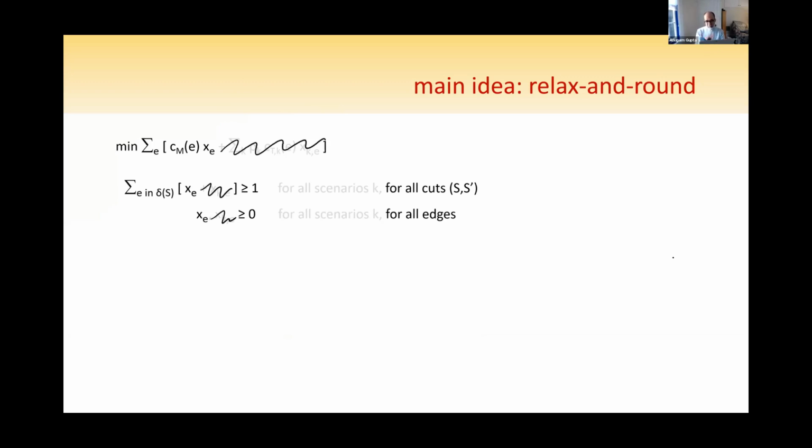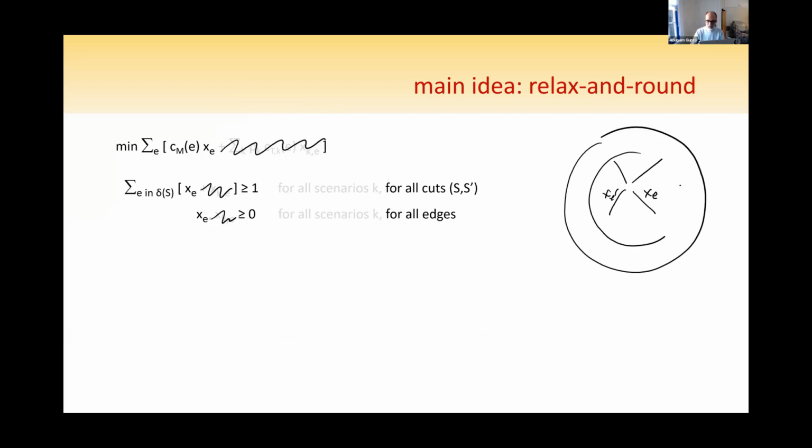So now, let's say that we have this solution. It's a fractional spanning tree. Every edge has some x_e, x_e prime, things like this. I know that every cut is crossed at least one fractionally. I want to solve this integrally.